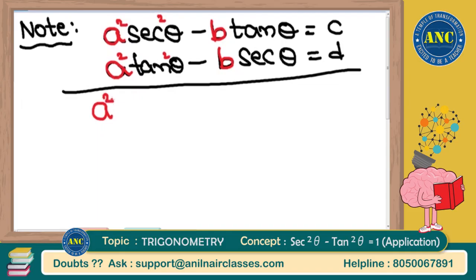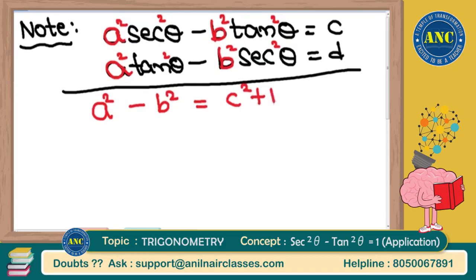Taking a square common, secant square theta minus tan square theta is 1, so a square into 1. Then minus b square tan square theta and b square secant square theta. If I take b square common, secant square theta minus tan square theta is 1 again.